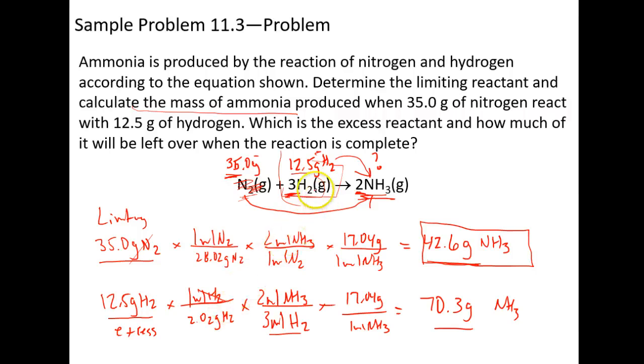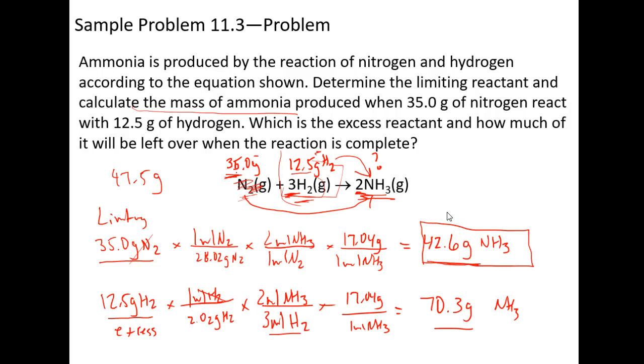Well, in fact, we can figure out how much hydrogen is left over. There's 47.5 grams of reagents on this side, right? 35 plus 12.5, and I produced 42.6. So how much hydrogen is left over?